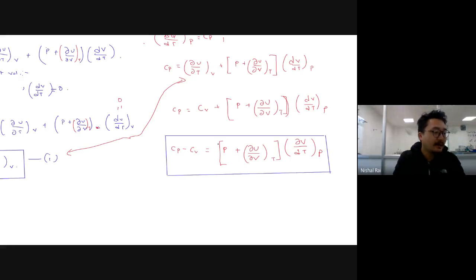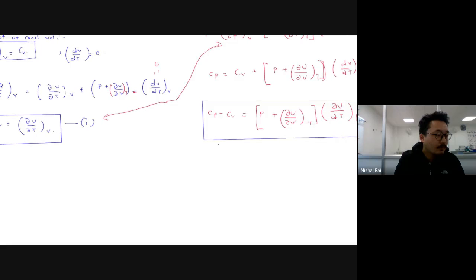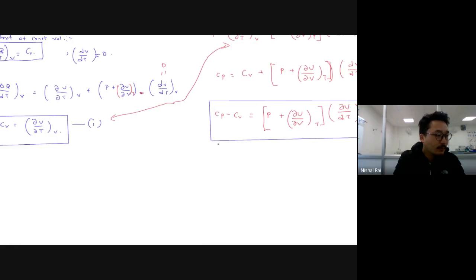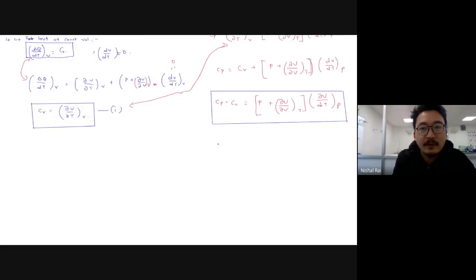Now in case of an ideal gas, you exactly know, and there is one more thing you have to keep in mind.